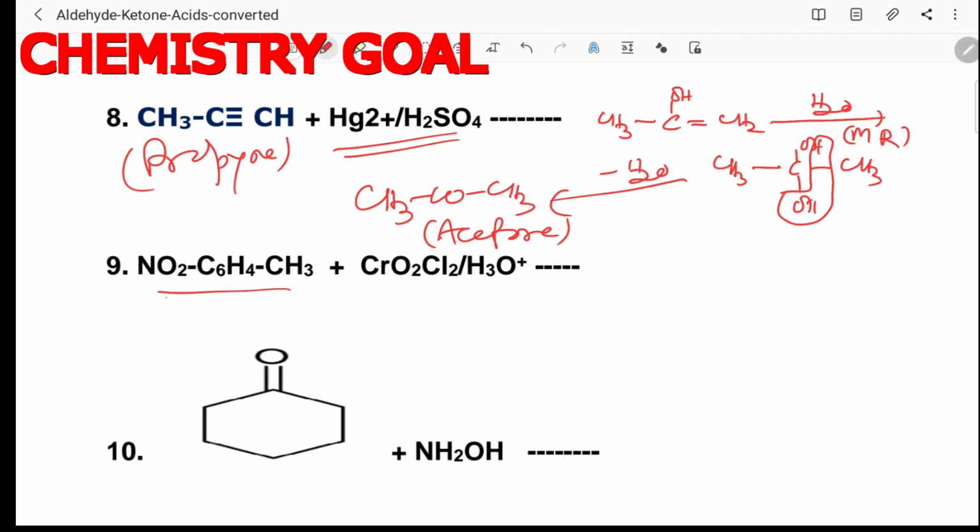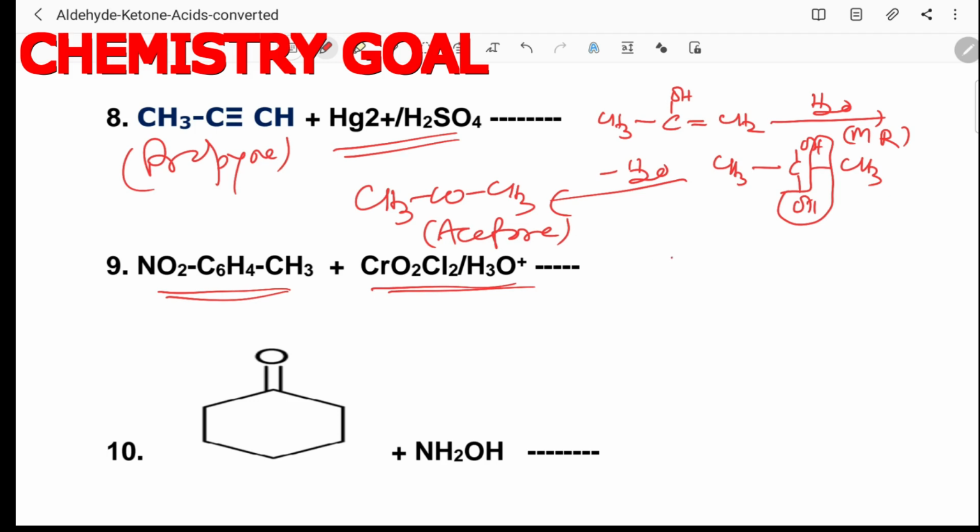This is written in formula, that is 4-methyl nitrobenzene, or you can say nitrotoluene. Different names can be used. In presence of chromyl chloride and hydrolysis, the product will always be aldehyde.